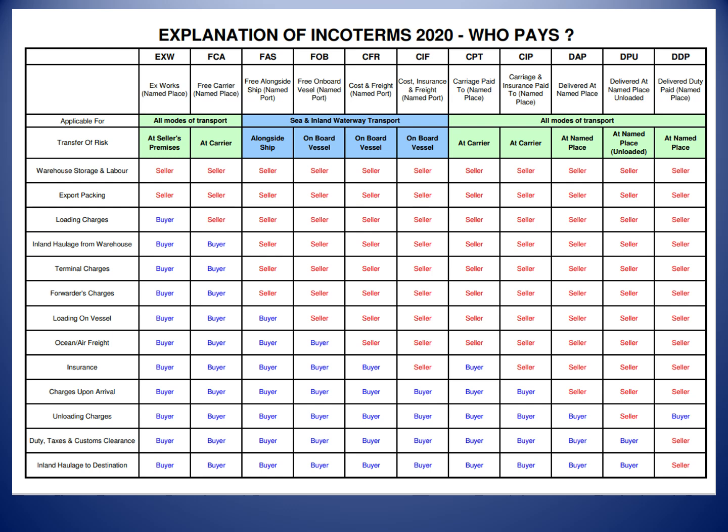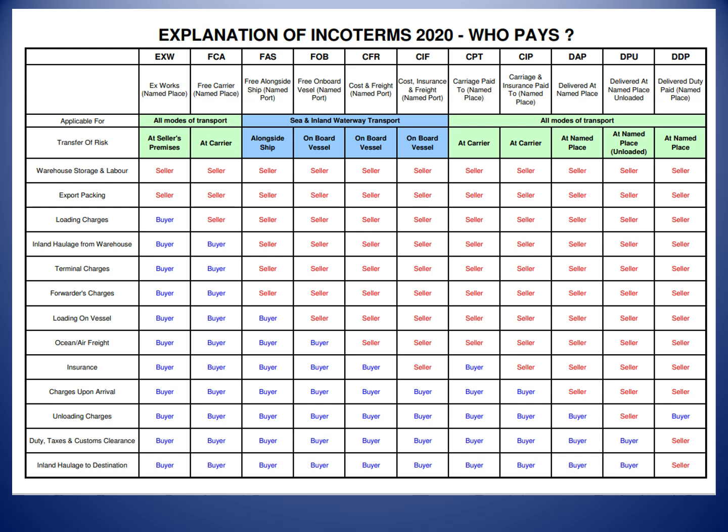If we look at the column on the left hand side, this shows you the liabilities and who's responsible between the buyer and the seller for what part of the journey. So if we look at Ex Works, I'll pick 3 specific criteria here: unloading charges, duty, taxes and customs clearance, and inland haulage to destination.